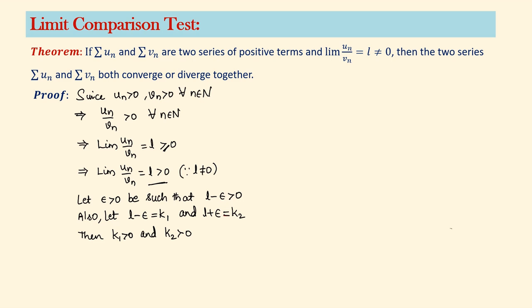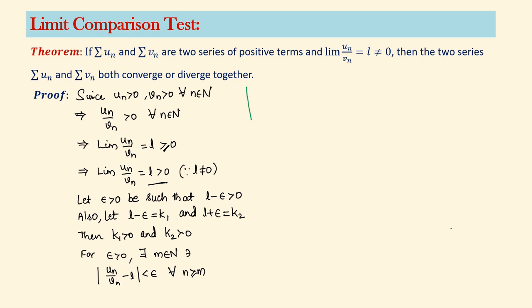For epsilon greater than 0, there exists m belonging to N such that modulus of Un by Vn minus L is less than epsilon for all n greater than or equal to m. So this is my definition. I am applying the definition of limit of a sequence.